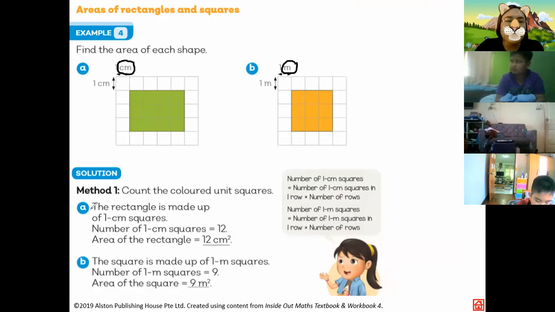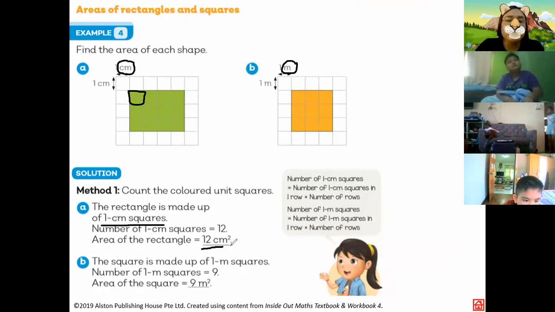For letter A, the rectangle is made up of 1 centimeter squares. The number of 1 centimeter squares is 12. So the area of the rectangle is 12 centimeters squared.